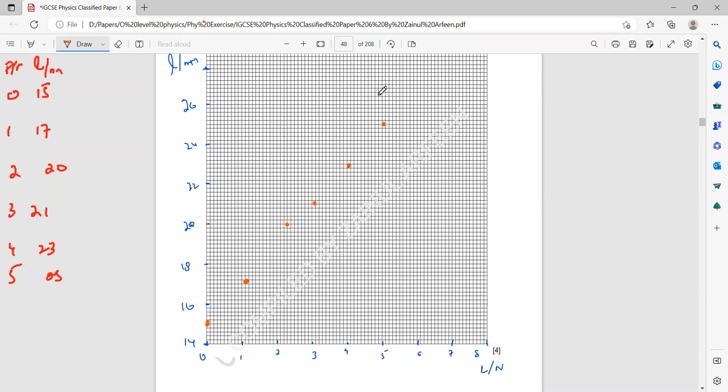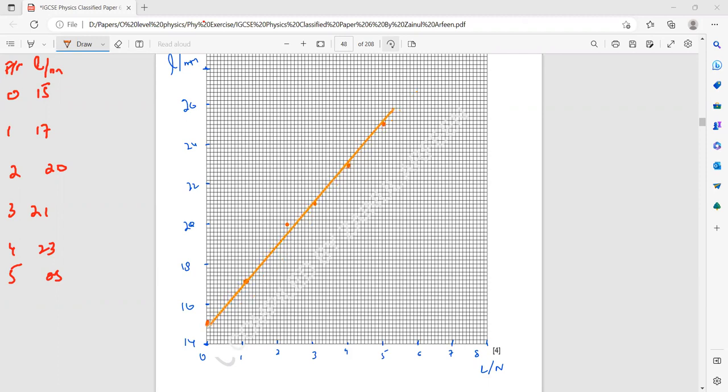So what we'll do, we'll draw a line of best fit joining these points. For the best fit straight line, the number of the points above and below should be equal. And it's not necessary you join the first and the last point. Like if I draw like this, it appears that only one point is above. So this is not the best fit straight line.